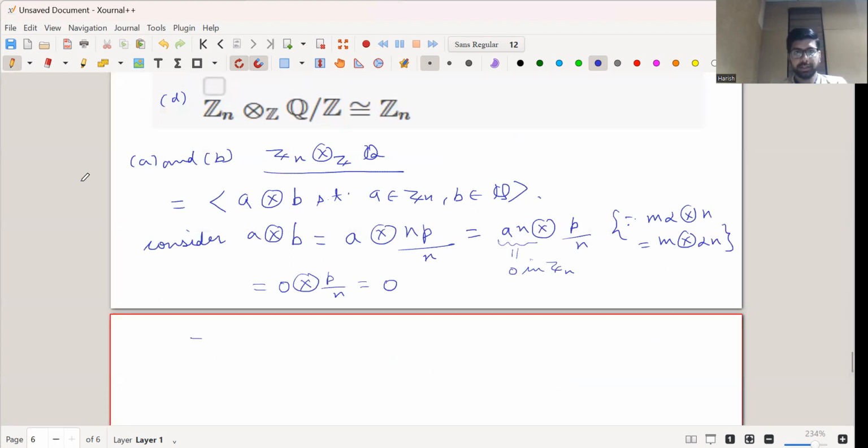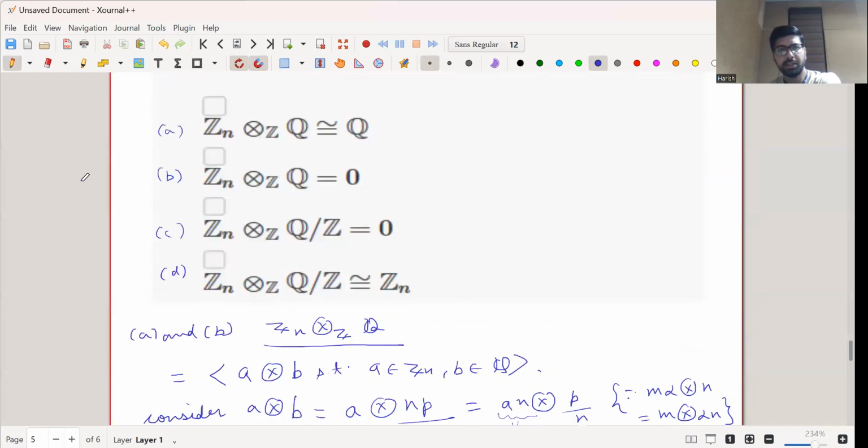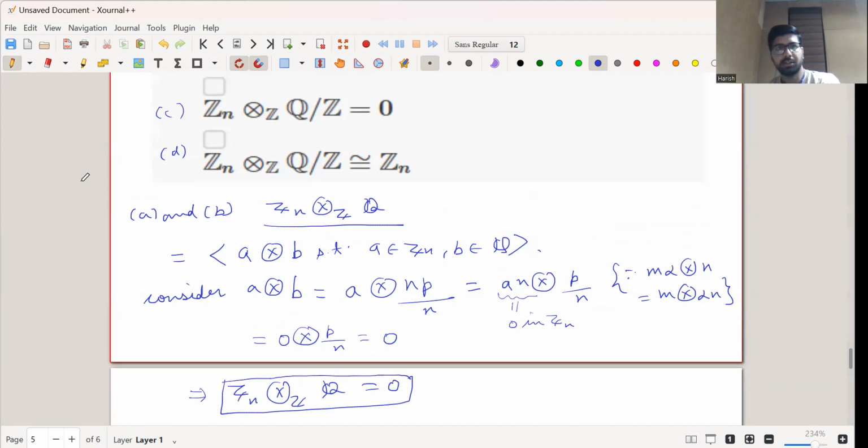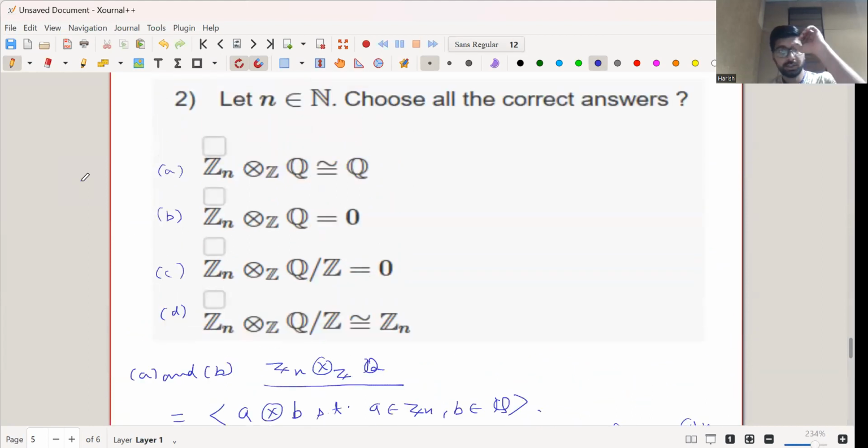So this implies this tensor product is itself 0, because all the generators are 0. We are writing it equal to 0. So one of the options is correct, and the second one is incorrect. So this one is okay, and this one is not.